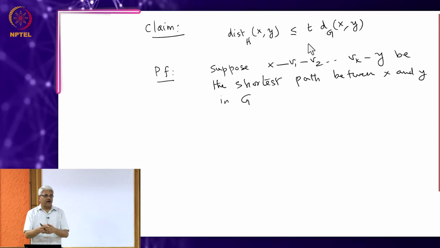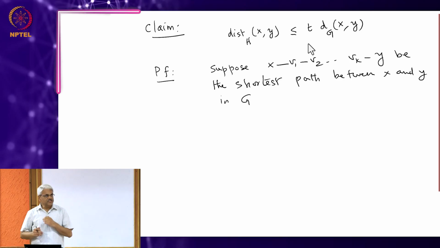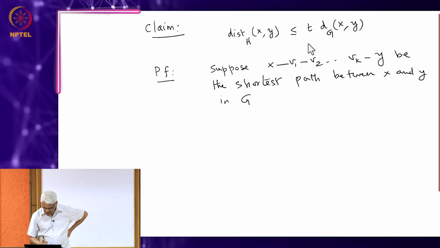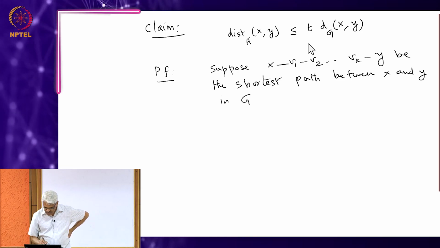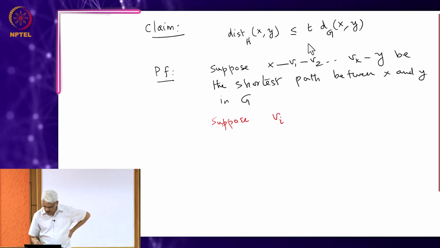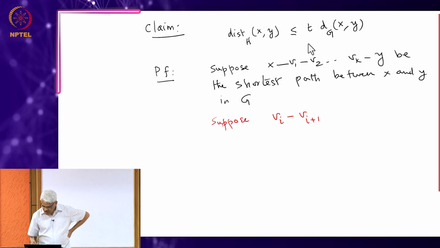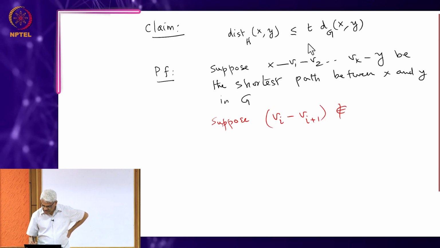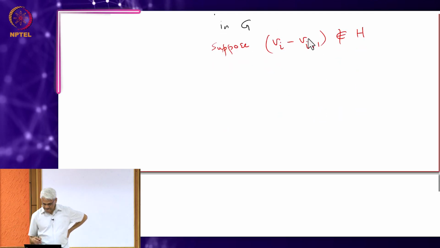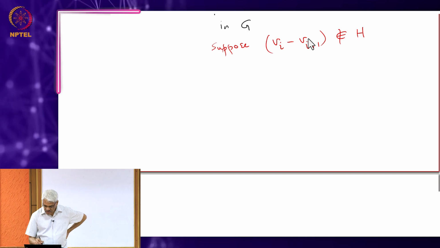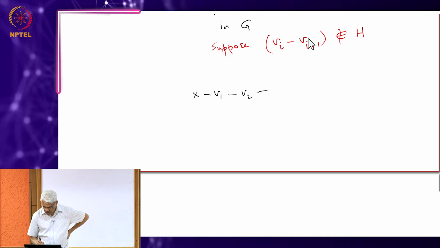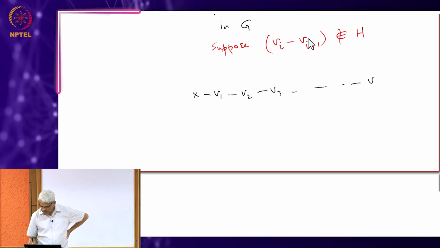I already have the shortest path in H. Suppose some edge of this is missing in H. Why was it missing? Suppose some edge v_i to v_{i+1} is not in H. So I have this path x to v1 to v2, v3 up to vk.